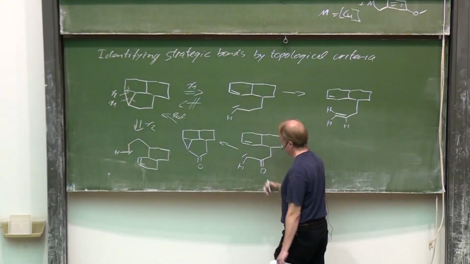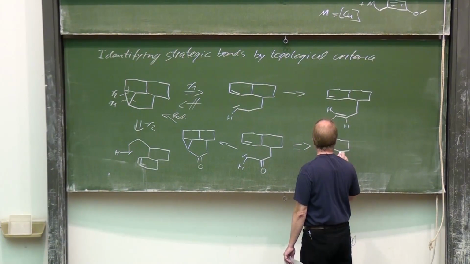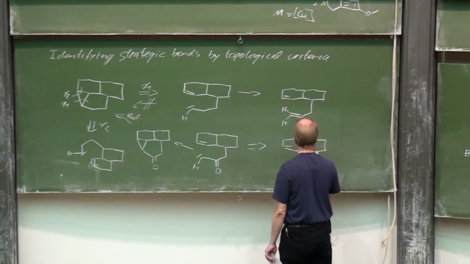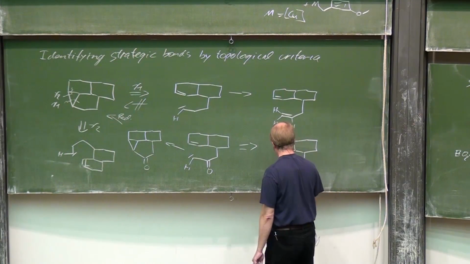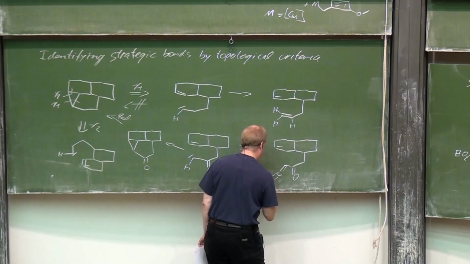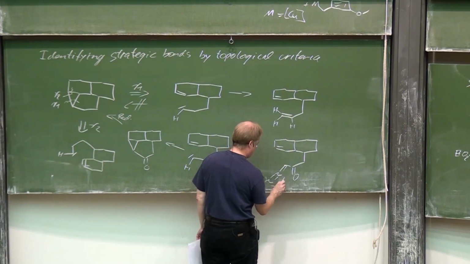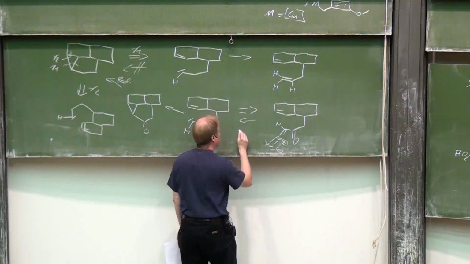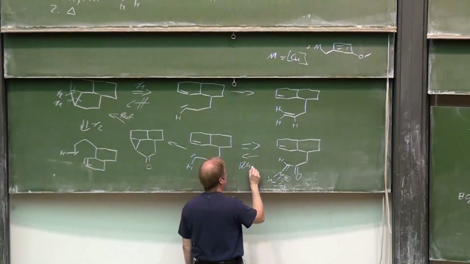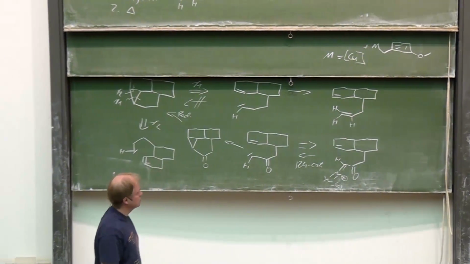And where do you get that kind of carbene from? From that type of diazo compound, for instance, making use of a rhodium or a copper catalyst.